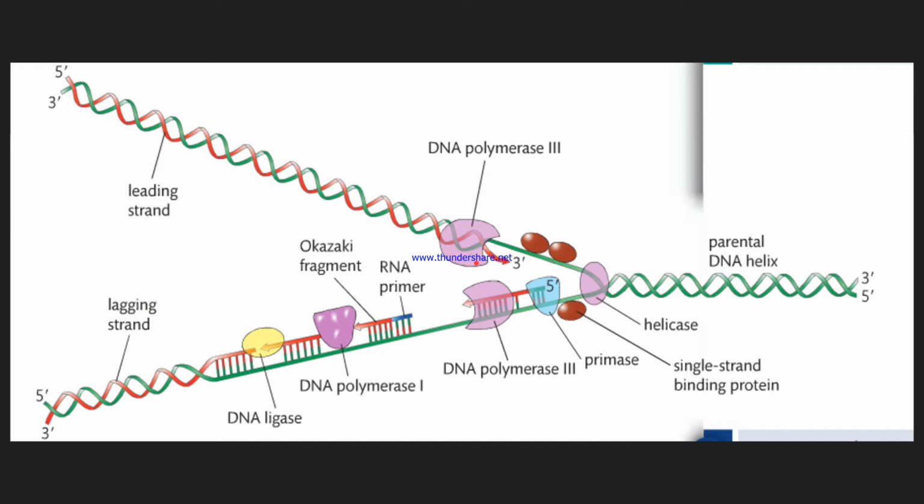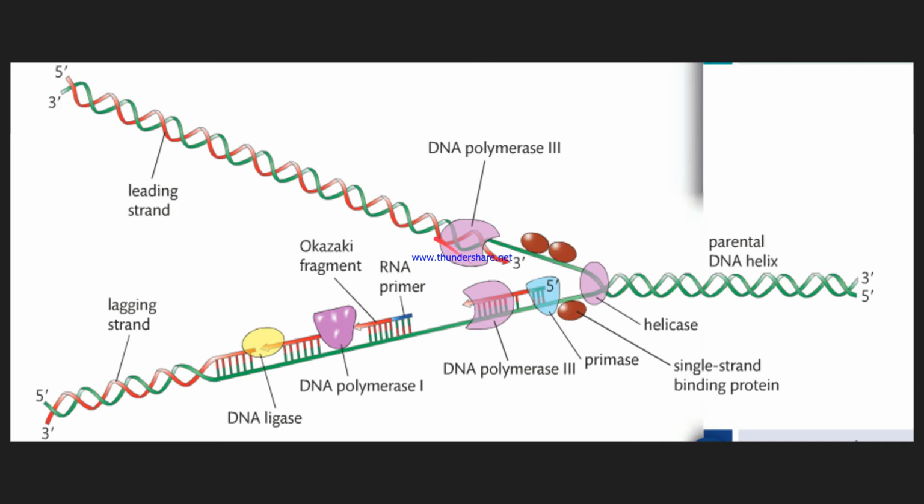But this enzyme only works in the 3' to 5' direction. It can only go this way, along the DNA strand. So it can only work continuously and smoothly on this strand. See, because the green here is what it's adding to. This is the 3 and this is the 5. So it works smoothly and continuously here.